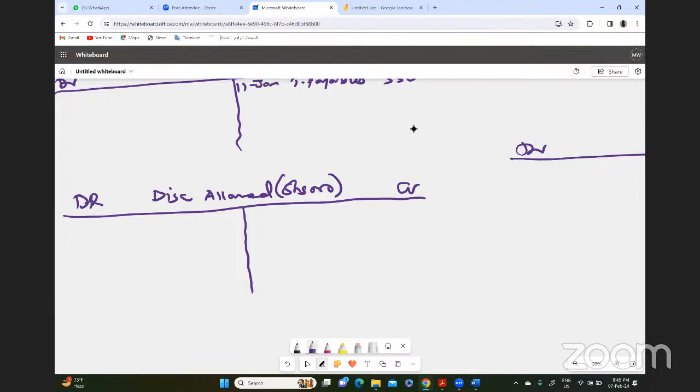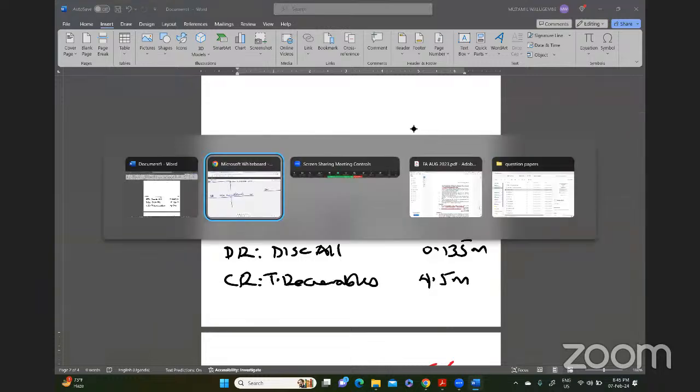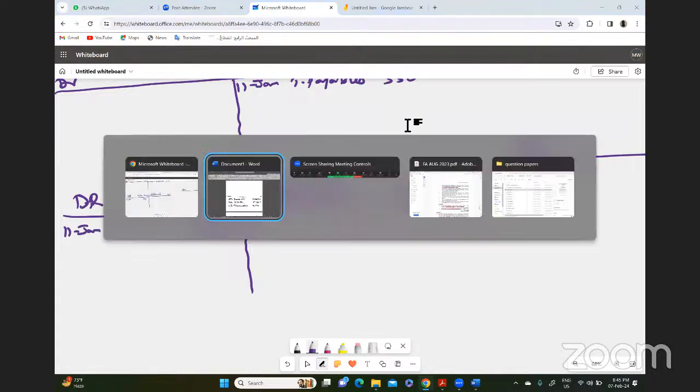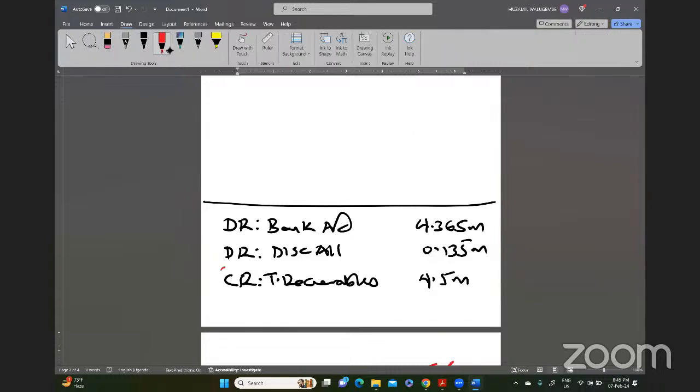Okay. Right now it is 11. Discount allowed. So we are debiting discount allowed with 135, and this is on 11th of Jan. As we are debiting, we are using trade receivables.